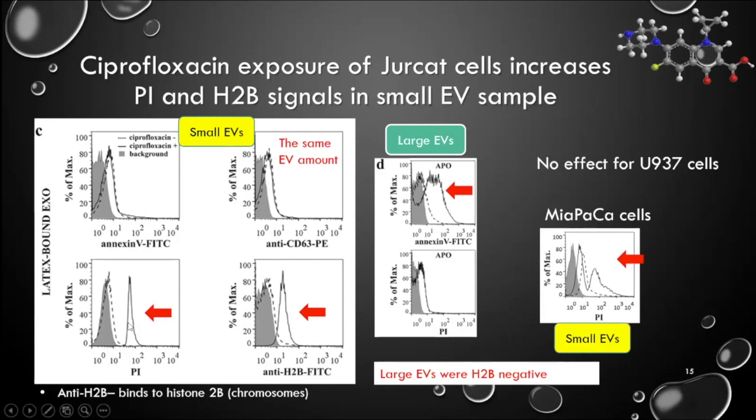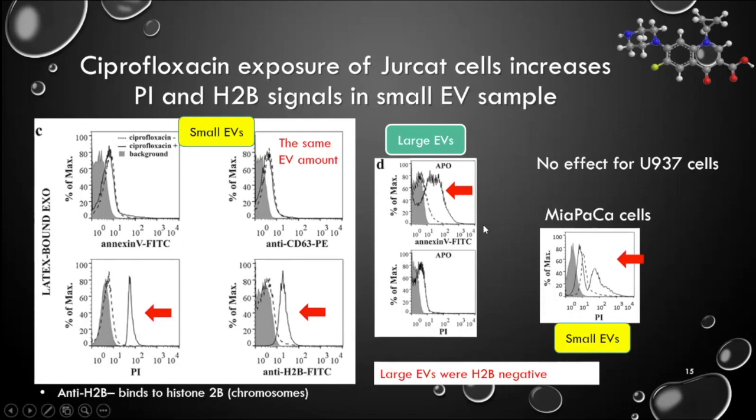But surprisingly, with the staining with propidium iodide, which stains DNA, and anti-H2B, like histone 2B, they were able to observe a shift of the signal to the positive side under ciprofloxacin treatment, which wasn't the case for the large or medium-sized vesicles.